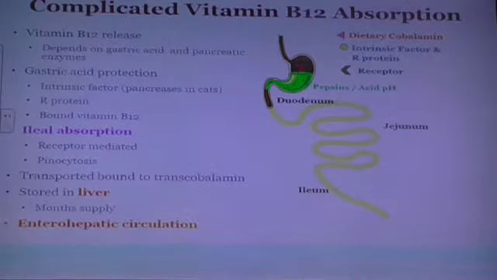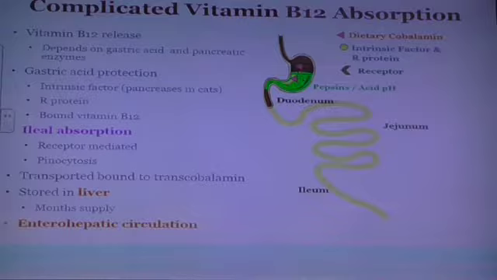The disposition of vitamin B12 is pretty complicated. Vitamin B12 is in the food that we ingest. They need a little bit of gastric acid to digest it and release vitamin B12. But gastric acid can destroy vitamin B12 too.